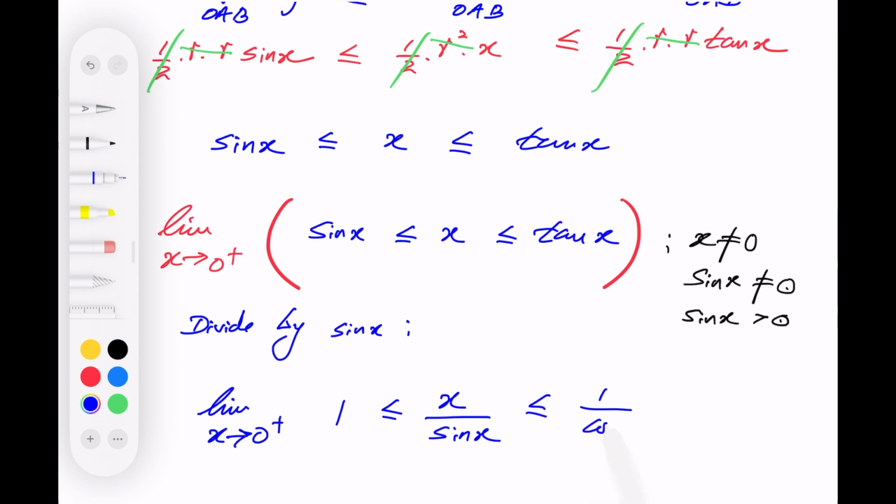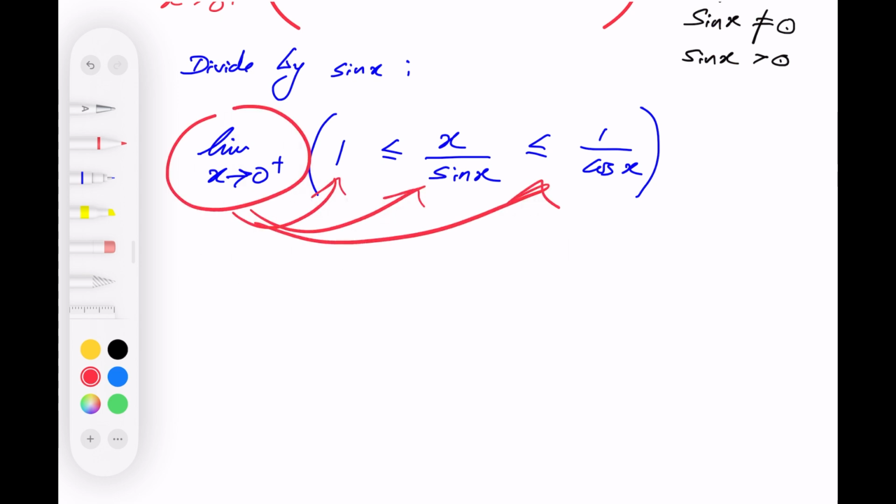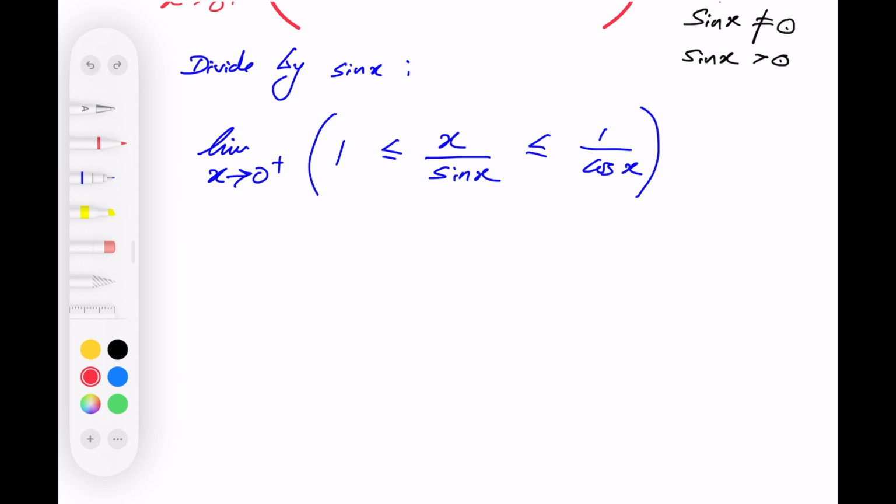1 over cosine x. Please note that this inequality is written for the case where x is approaching 0 from the right hand side. Now I'm going to evaluate this limit for each of these three pieces of the inequality. Or in other words, let me distribute limit x approaches 0 from the right hand side into each of these three pieces of this complete inequality.